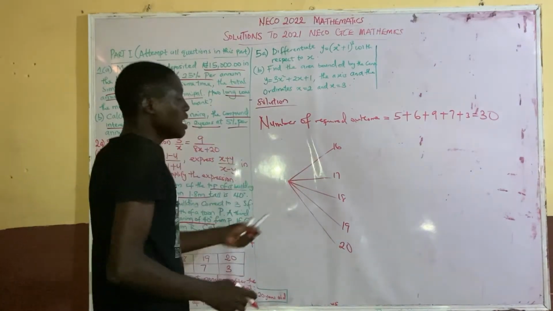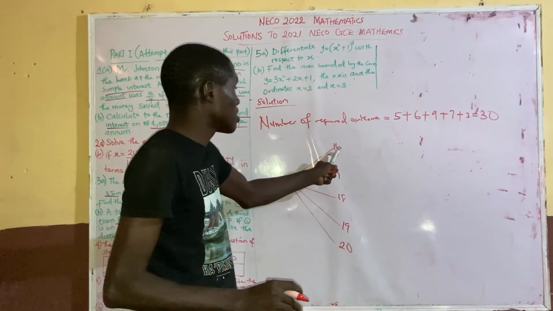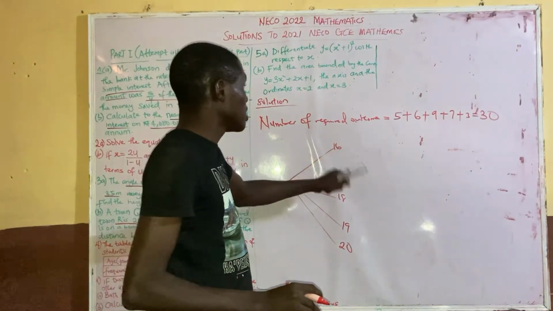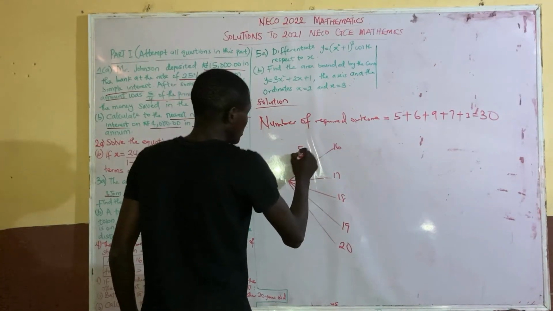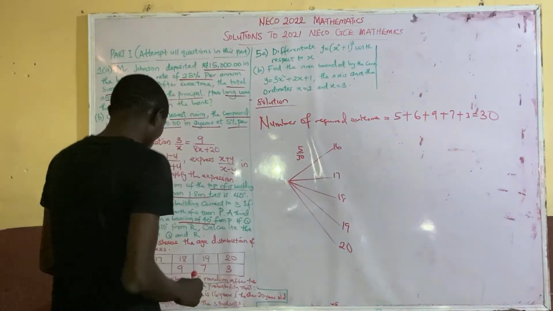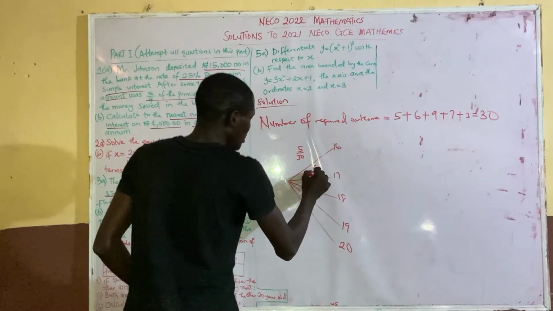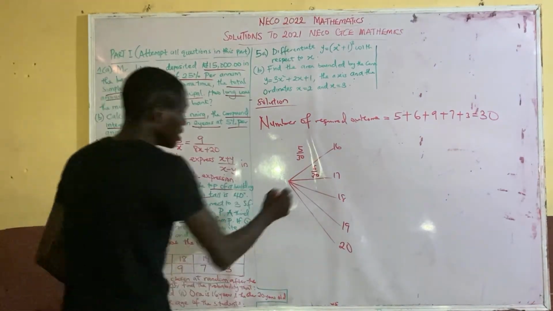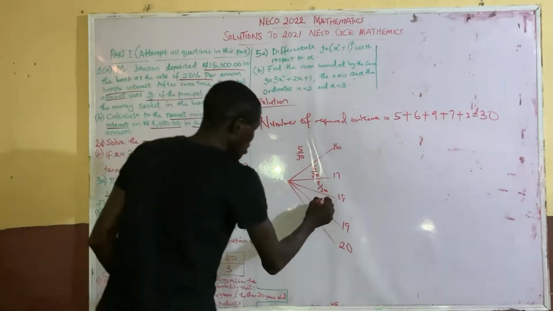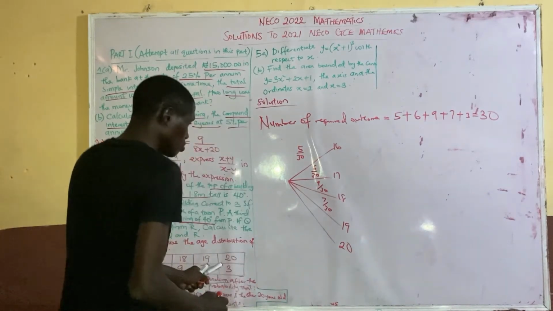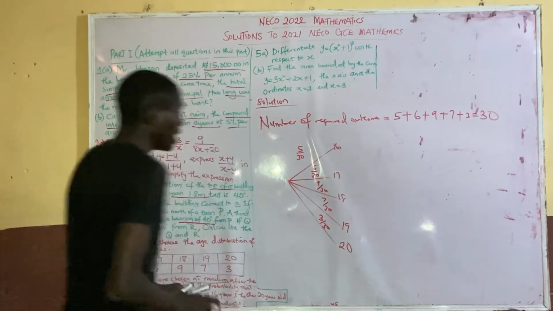The probability, if I select the first one, of the age being 16 will just be 5 over the total, 5 over 30. For 17 it is 6 over 30, for 18 it is 9 over 30, for 19 it is 7 over 30, and for 20 it is 3 over 30. Now, that's the first selection.